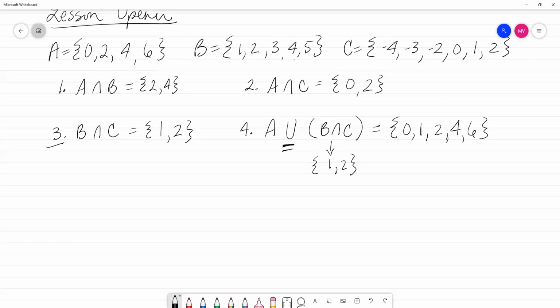Well, this is not C, this is only B and C. See, A union set B intersect C. And we defined B intersect C as the set 1 and 2. So really the only new number we're adding is the 1, because A already has the 2.